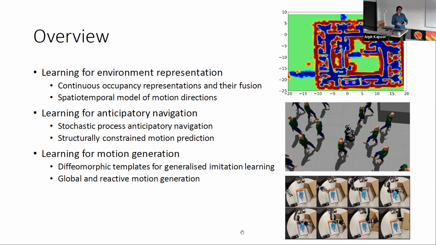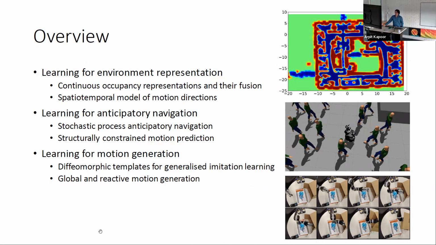What if we want to teach robots to do a specific thing, like to lift a box and to reach some point, for example? In particular, I'm going to be talking about a method I developed for generalized imitation learning. So this is the scenario where you show the robot how to do something, and then the robot tries to imitate it and then generalize.